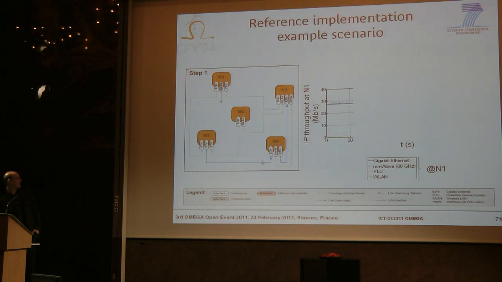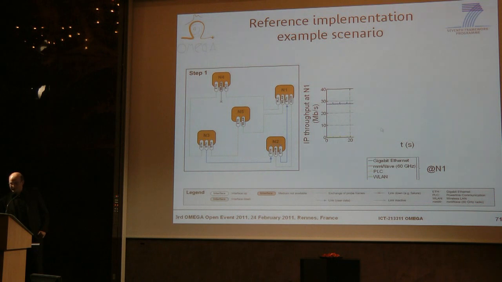It uses the Ethernet path, which is completely consisting of Ethernet from N3 to N1 over a hop which is N2. On the right-hand side you can see the IP throughput at N1, which is approximately 27 or 28 megabits over the time.